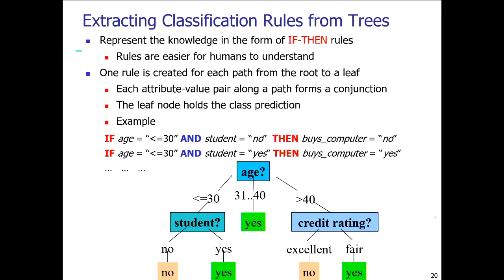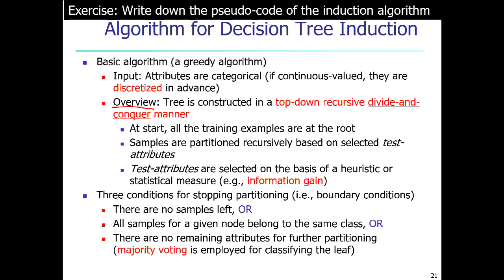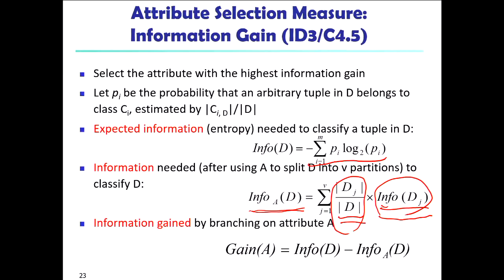So that's why in ID3, when you split, you always split the data into as many partitions as you can. This is important because you will see later another algorithm will always construct a binary tree, while ID3 does not hold this.